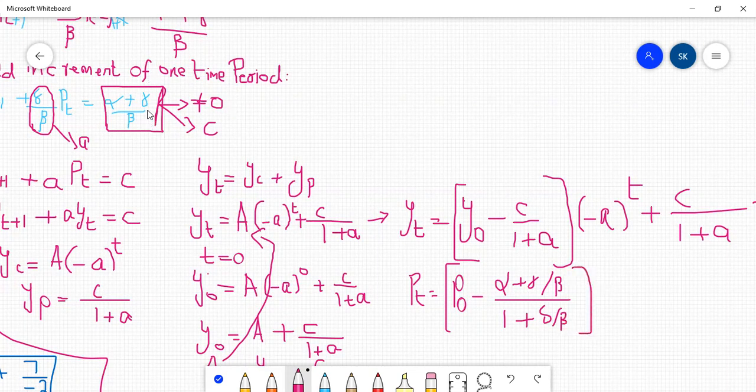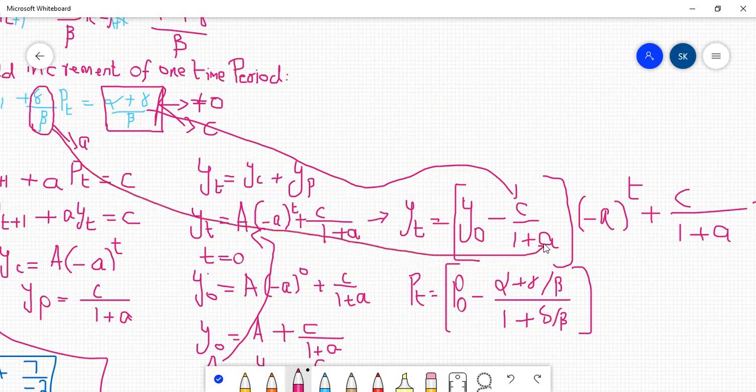The value of c has been taken from here, and the value of a has been taken from here. We have substituted them back, and therefore we got this. One more thing over here is that this is alpha plus gamma, the whole divided by beta.